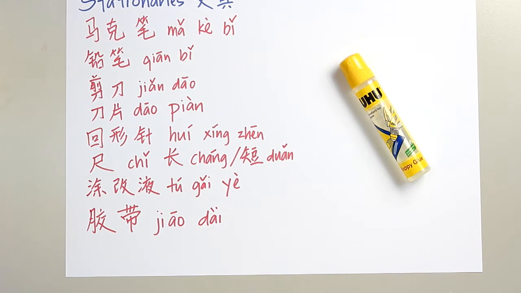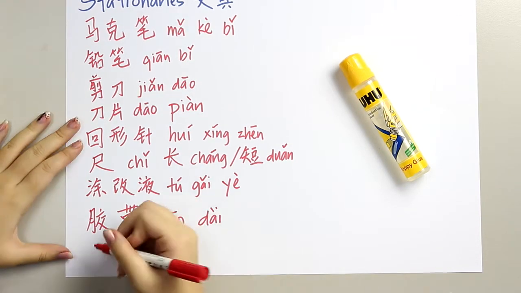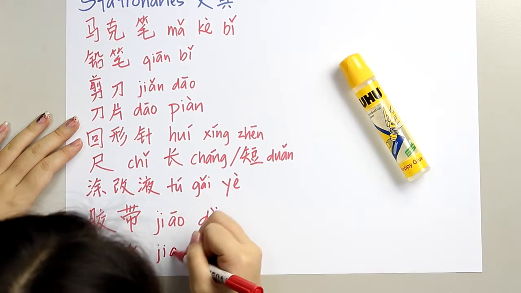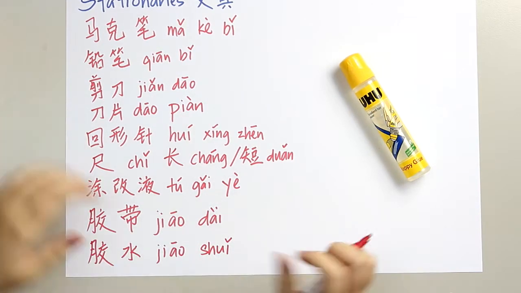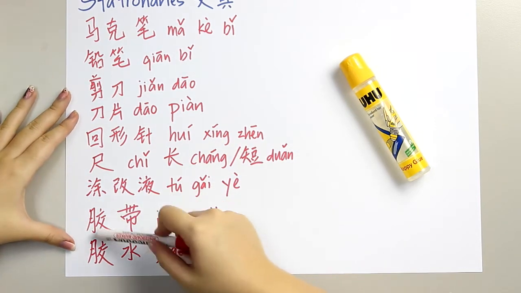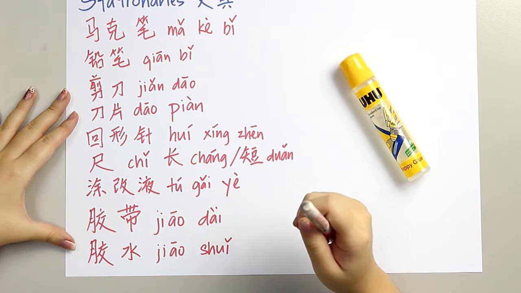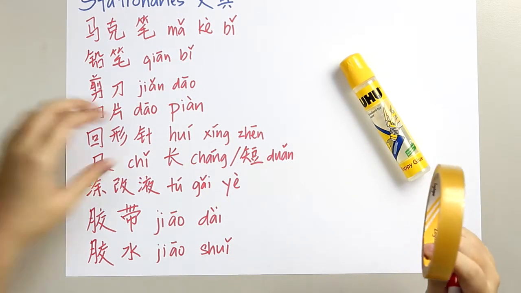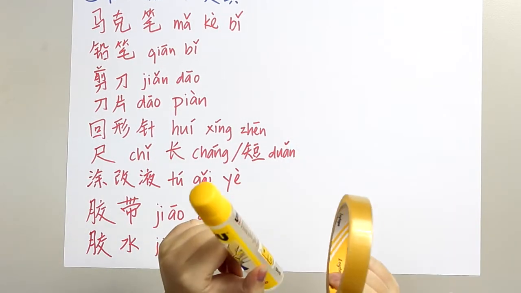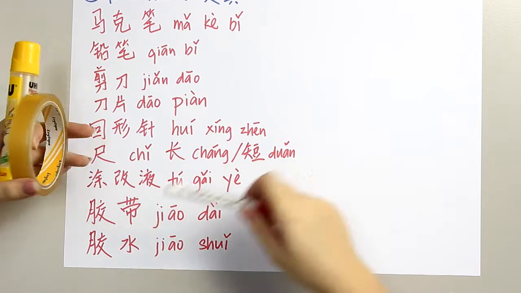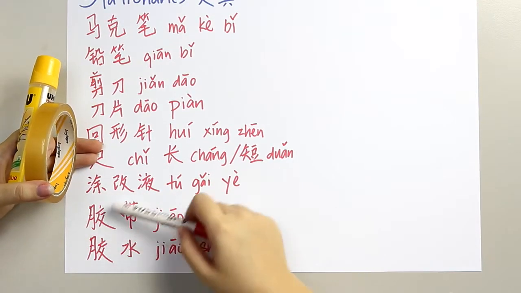So glue in Chinese we call as 胶水. So as you can see, 胶 means sticky. So no matter whether it's cellophane tape or glue, their usage is to stick things up. So also starts with 胶.